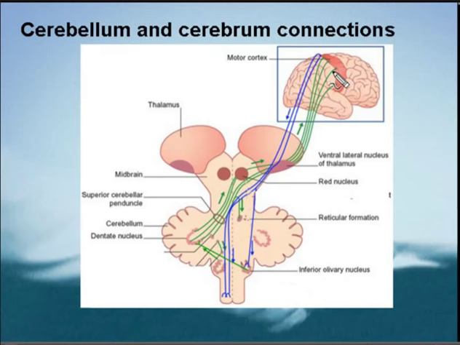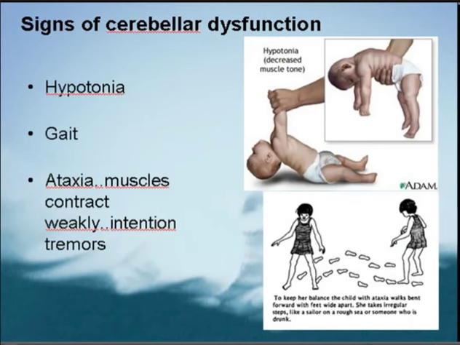Let's now look at the signs of cerebellar dysfunction, and based on what we have just said, let's see what are the signs that we will see. If you remember, one of the important functions was maintenance of muscle tone and controlling posture and gait. So if the cerebellum is damaged, obviously muscle tone cannot be maintained, so you will have what is called hypotonia, or the muscle feels floppy.